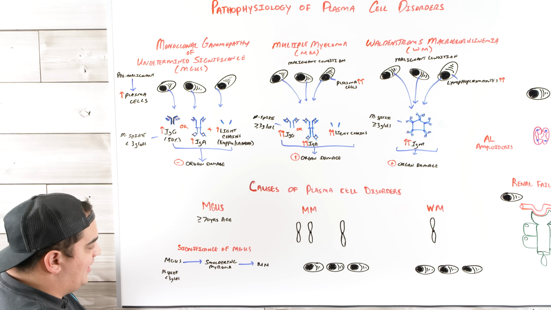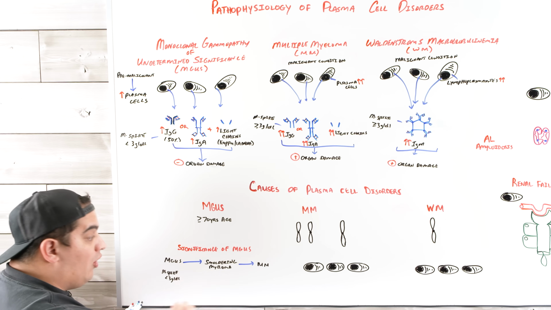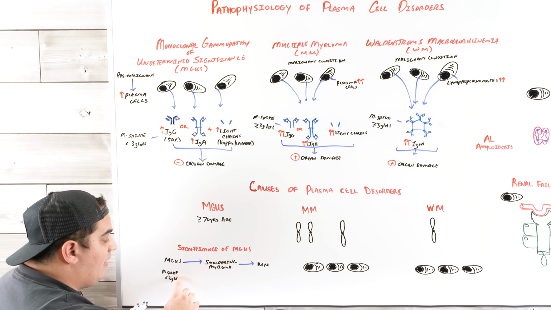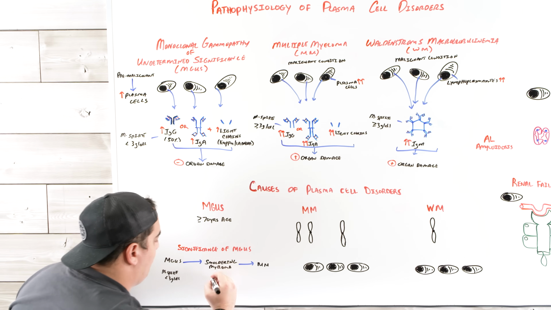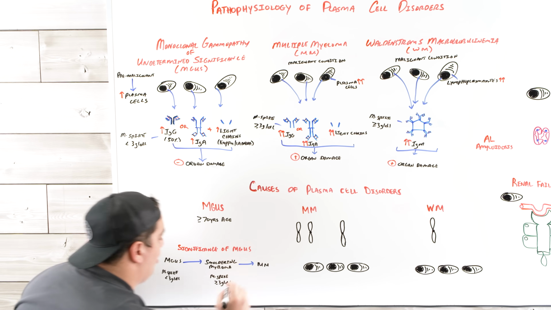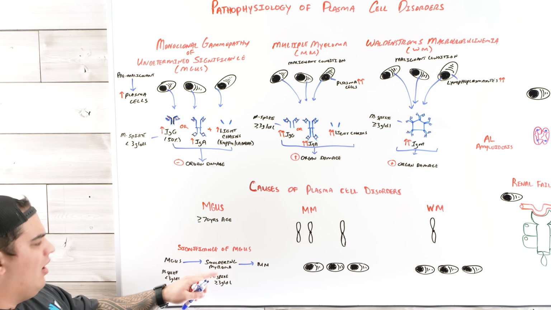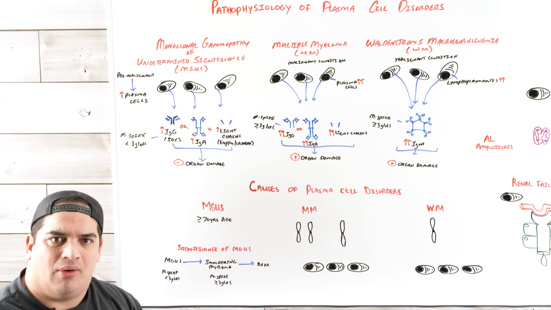But what happens is when it starts to get to smoldering myeloma, so maybe over a year or years, the chances of this going up can happen, but it's a low chance. If it does break that point where you get to an M spike greater than or equal to 3 grams per dL, you'd be like, okay, yes, smoldering myeloma. All right, well, Zach, you just told me if I bump above 3, that's multiple myeloma though, right?